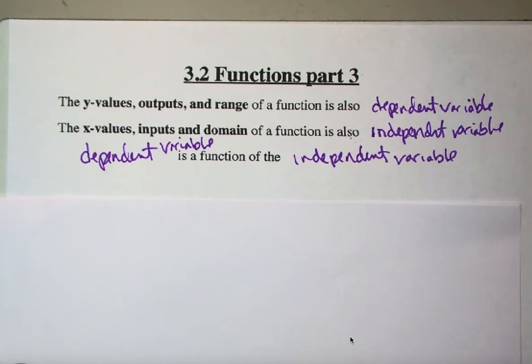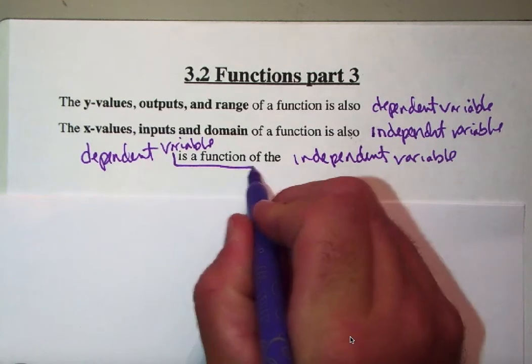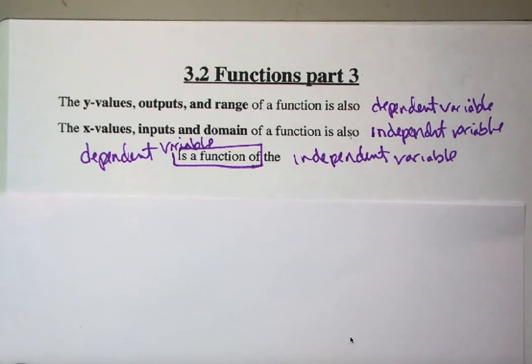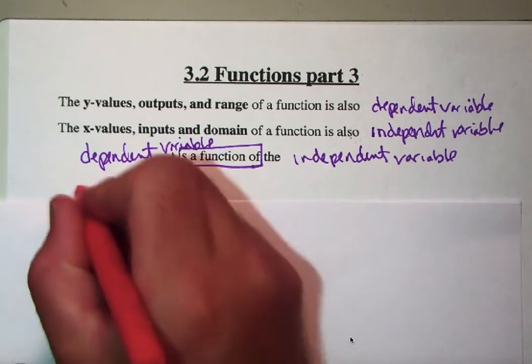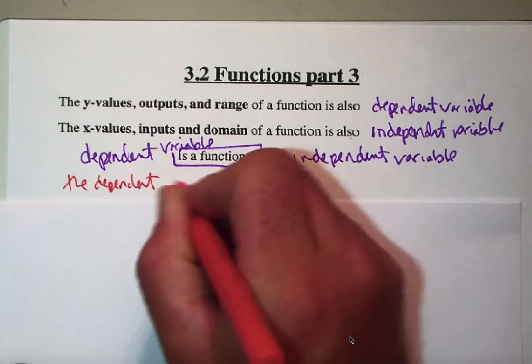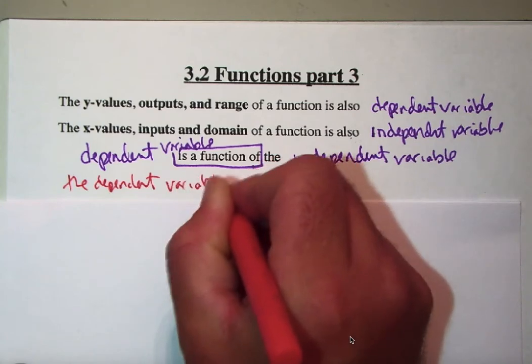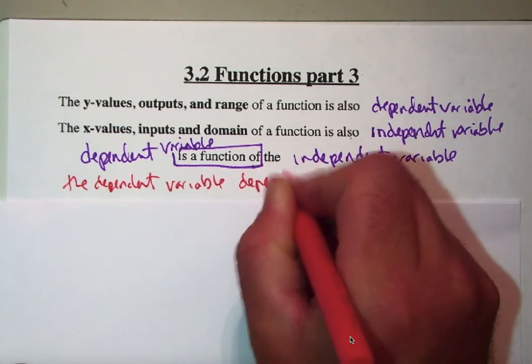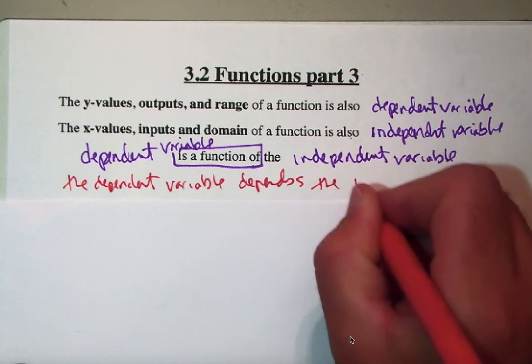Yeah, that still doesn't make a whole lot of sense, right? But remember, we're going to change "is a function of" to "depends on." So check this out. The dependent variable depends on the independent variable.